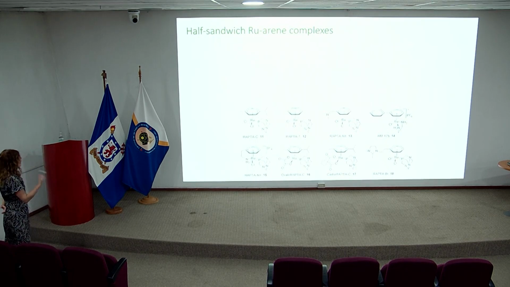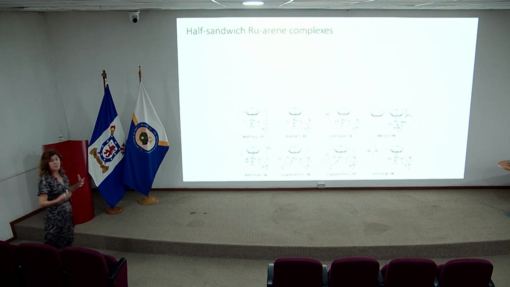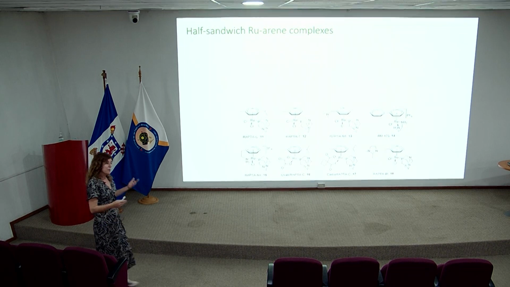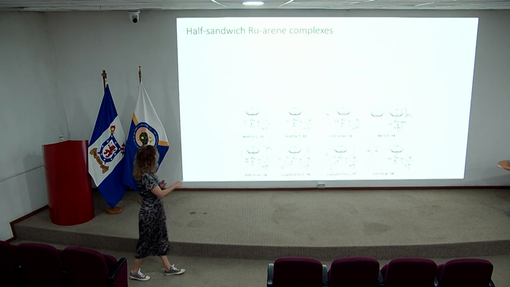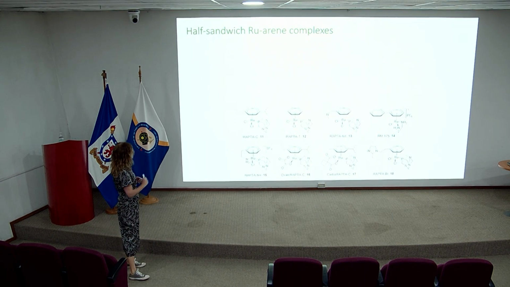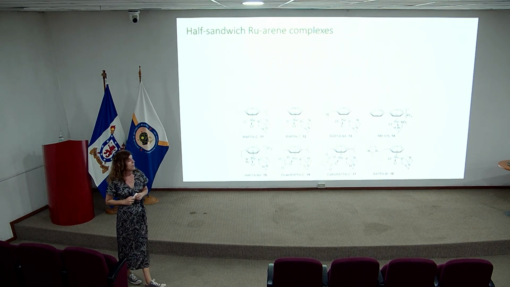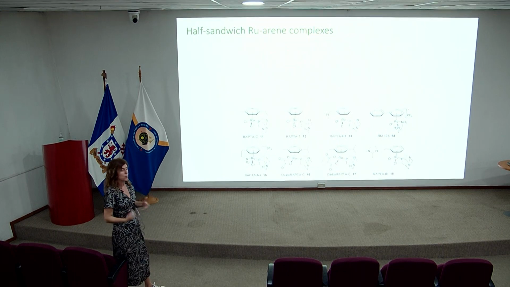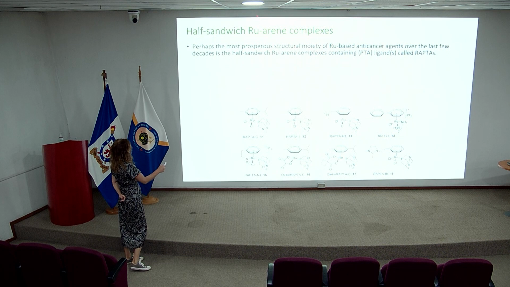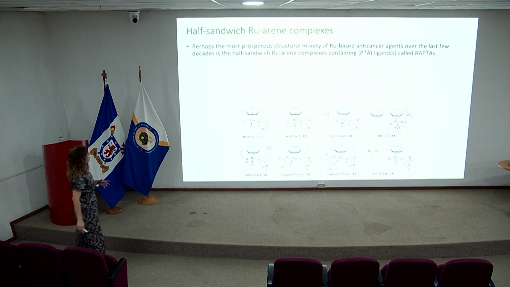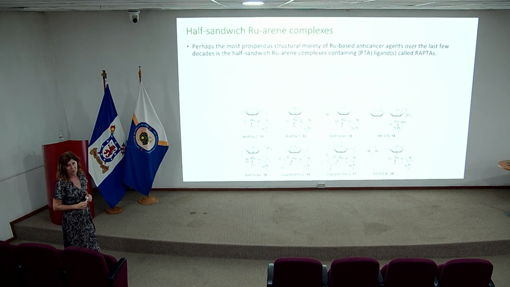A very important series of compounds are, in fact, organometallic ruthenium complexes, called the half-sandwich ruthenium arene, also known as piano stool complexes. And you can see that this is the most prosperous structural moiety for ruthenium.